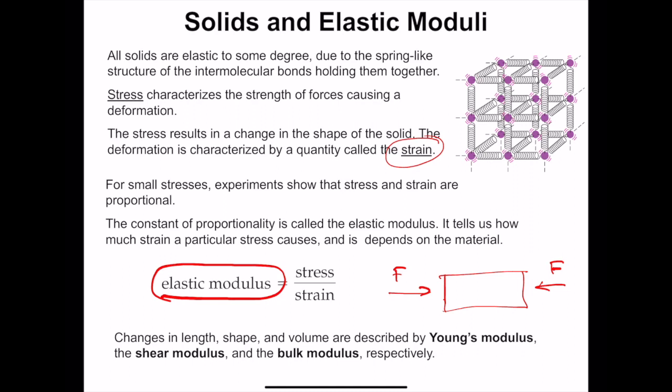So you can define a proportionality constant, and that proportionality constant is called the elastic modulus, and it is defined as the stress divided by the strain. Now, mind you, I haven't really told you what exactly the stress is and how to calculate it, and I've also not told you how to calculate the strain, but I will in a moment. The elastic modulus is defined as the ratio of the stress to the strain.